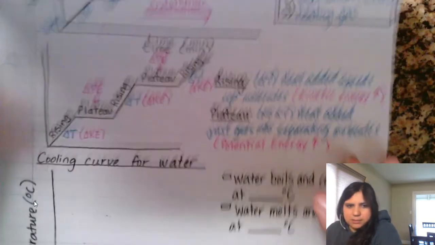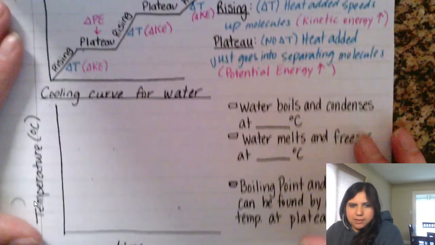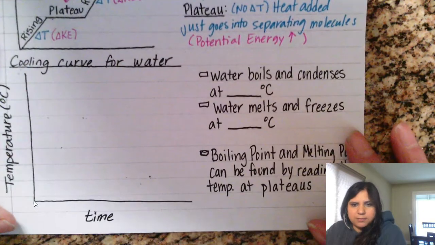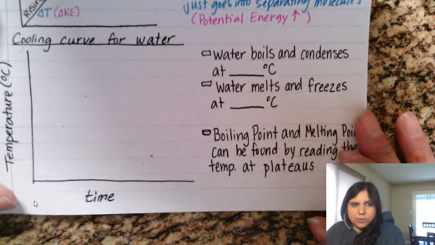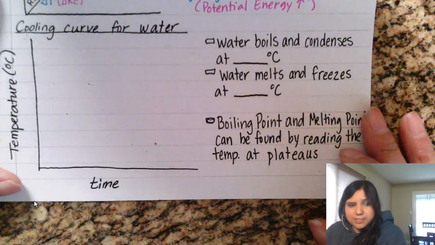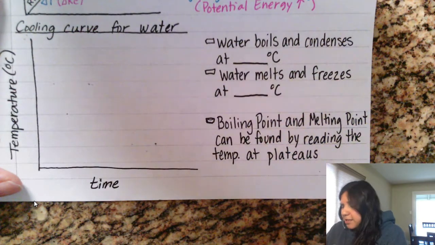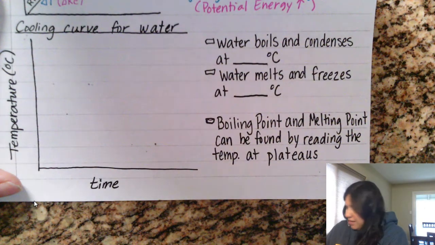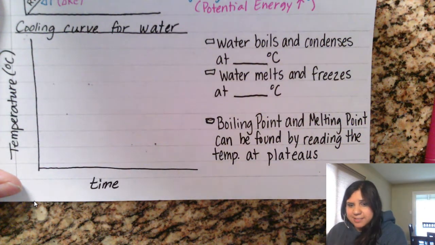All right. Next, you're going to draw this curve. Cooling curve for water. Now the cooling curve for water is just the same as the heating curve for water, except it goes in the opposite direction. Okay, it starts out as gas way up there at the top.